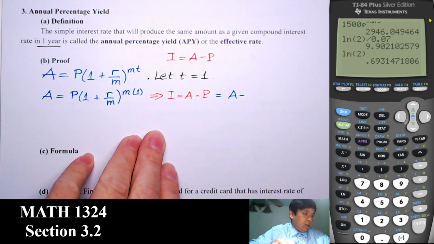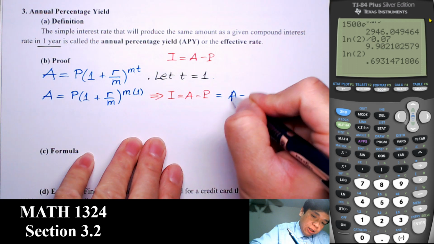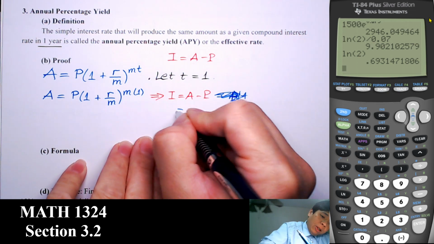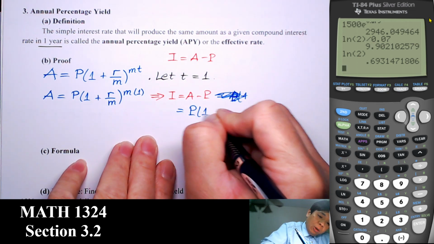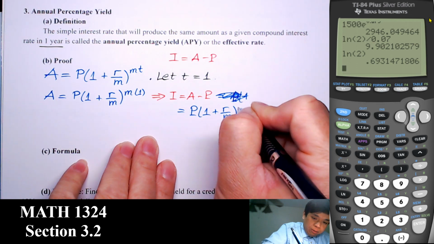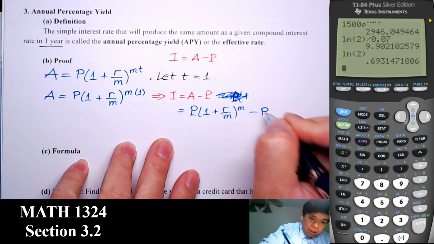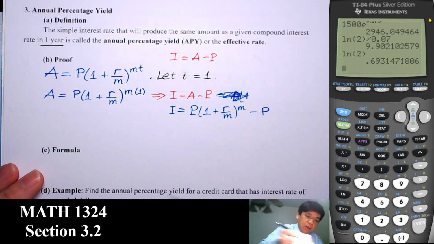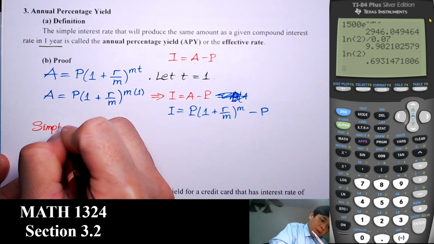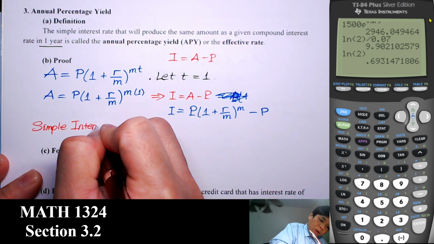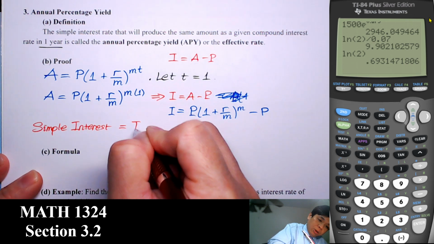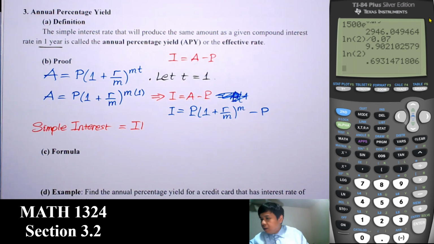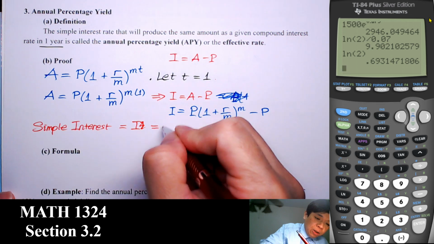So sorry, that will be A. Just start over. A is P times 1 plus r over m, to the m, minus P. So that will be the interest. Now the simple interest rate. The simple interest is I equal to PRT.